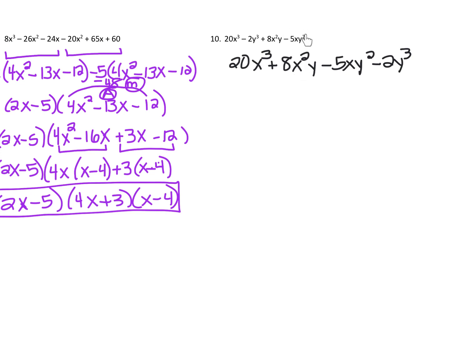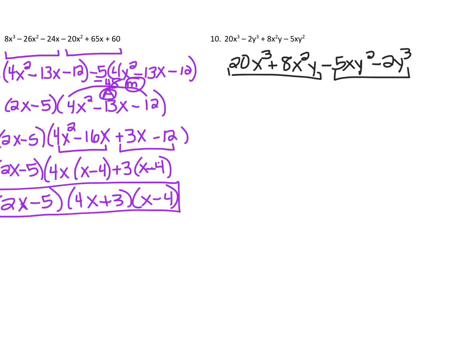Then this is the term that contains x to the first power, so the negative 5xy to the second comes third. And then finally the term without any x's comes last. And at this point, let's do grouping and let's hope that they match up. And by the way, I want to point out with grouping, if you can factor out a greatest common factor, you still want to always do that first.